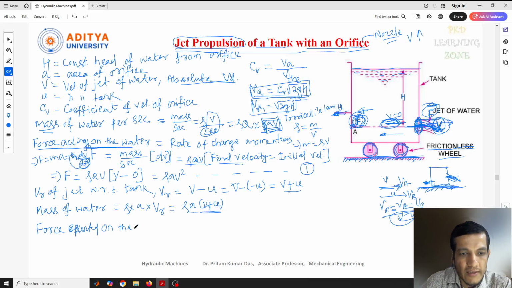The force exerted on the tank, you can write, this is Fx in the direction of movement, that is the x direction.